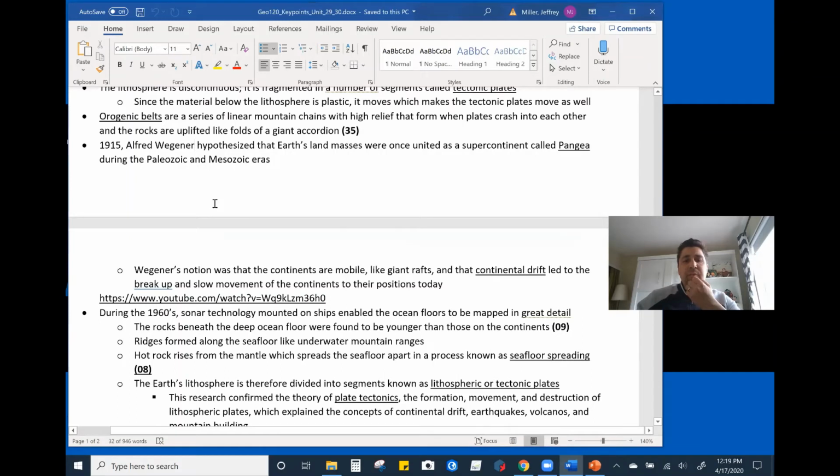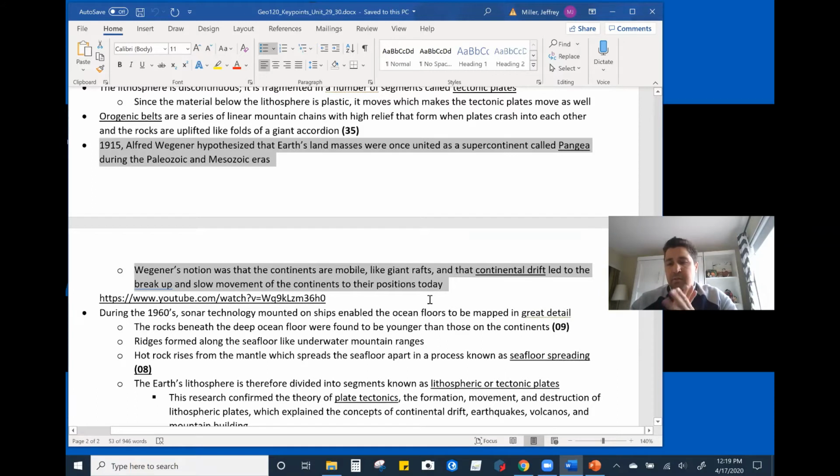Now, there's a guy that's very important named Alfred Wegener, and this is in 1915. And so really, when you think about this, it's not that long ago, only about 100 years ago that the scientists kind of figured this stuff out. But Wegener's hypothesis is that the Earth's land masses at a point in time, okay, they were all connected to one another.